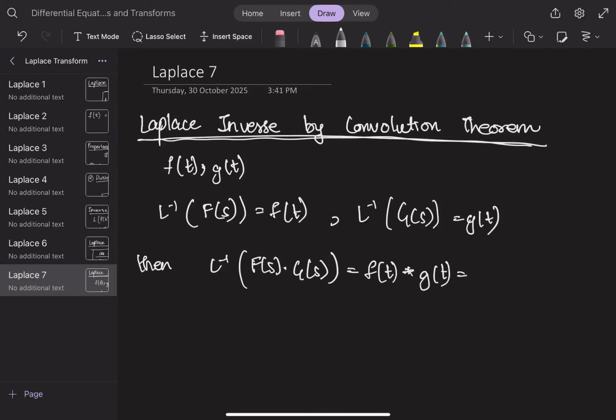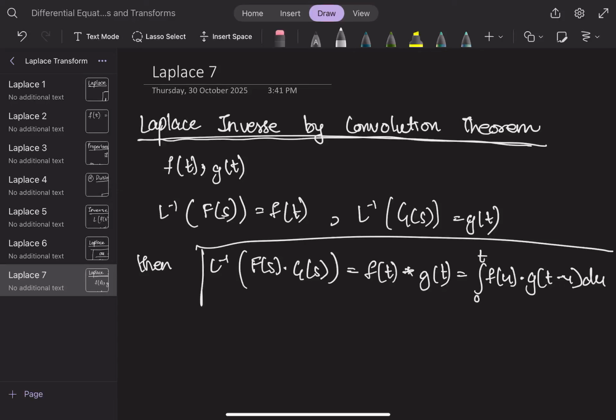This is given by the integral from 0 to t of f(u) multiplied by g(t minus u) du. This is how you will find the answer.